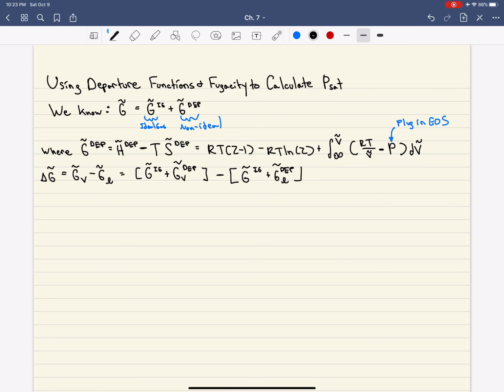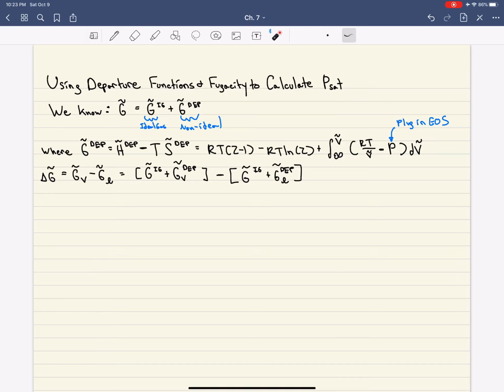The reason for the ideal gas contribution, I didn't distinguish between vapor or liquid, is because if you remember, the ideal gas law, because it's so simple, actually can't predict phase transitions at all. So if you're talking about a vapor or a liquid, for the ideal gas law, they're all the same.